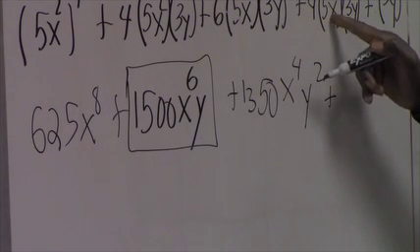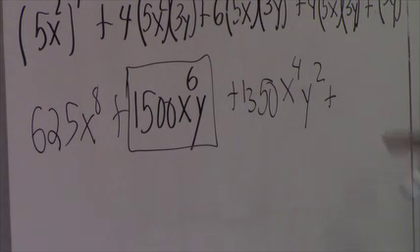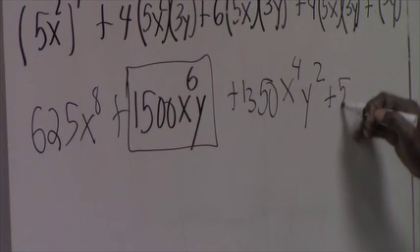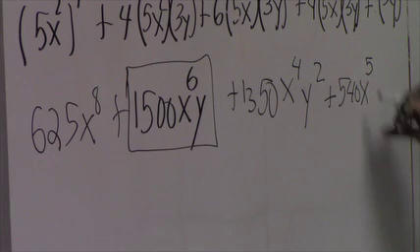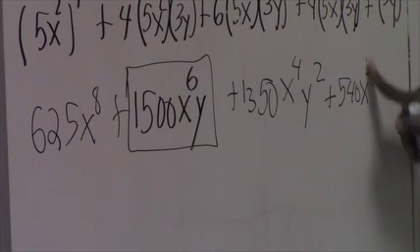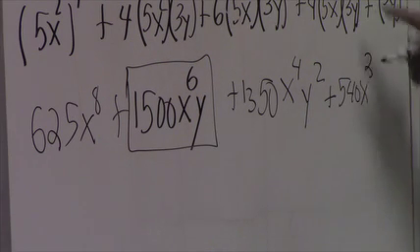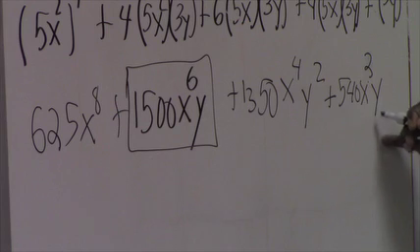Now the next one is going to be 3 cubed, that's 27. So we're going to multiply 27 by 5 and then by 4 to get 540 x squared y cubed.